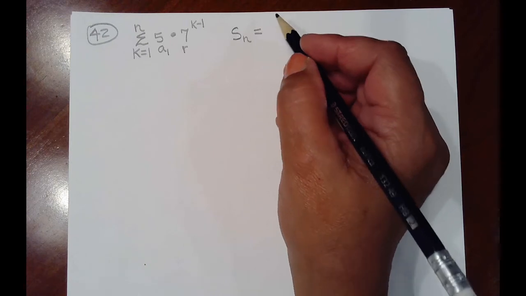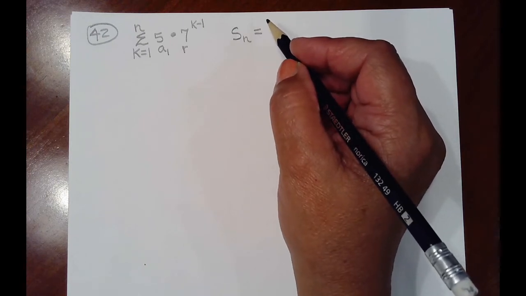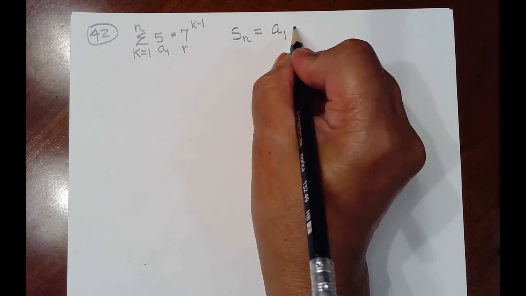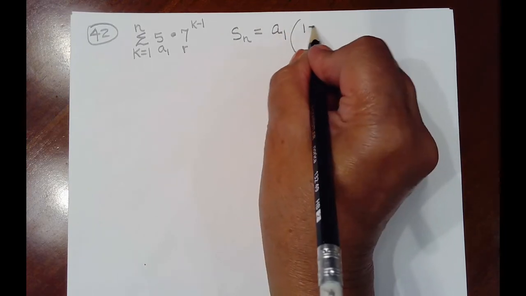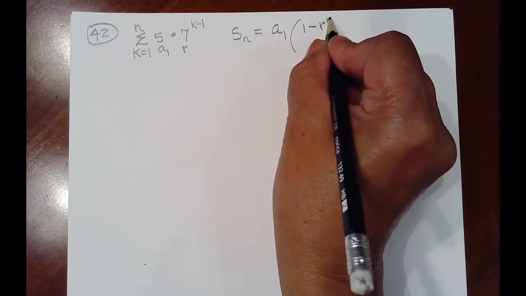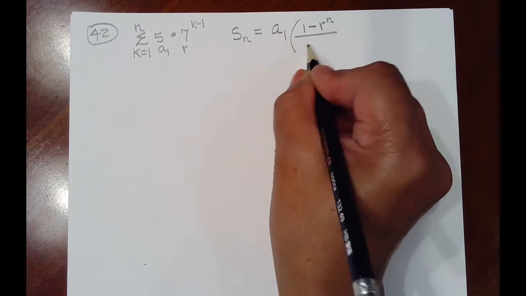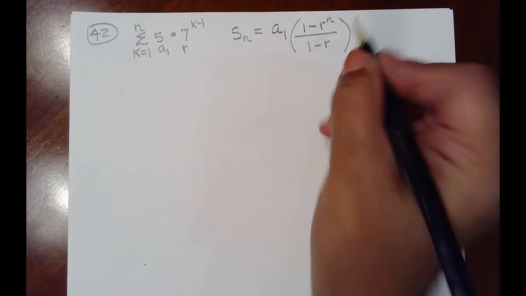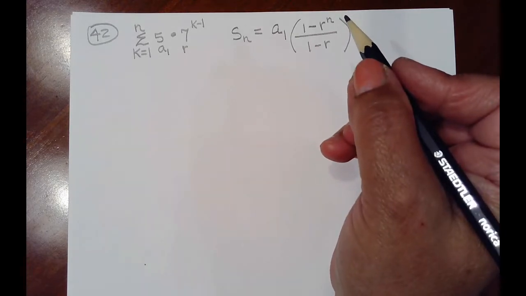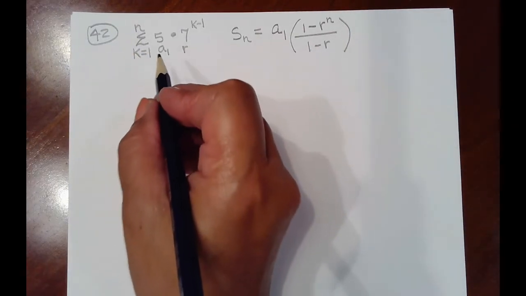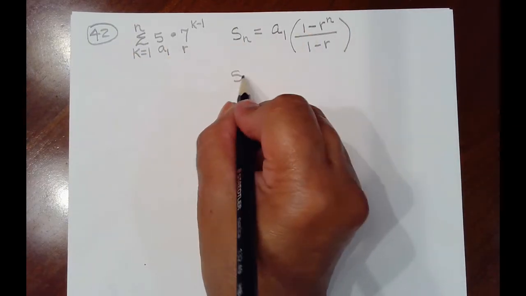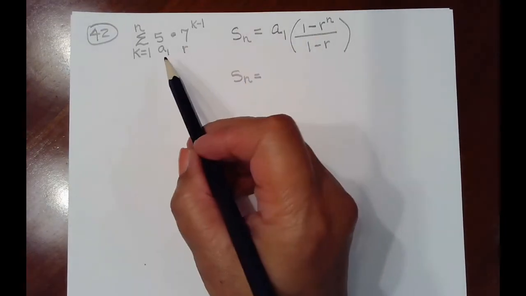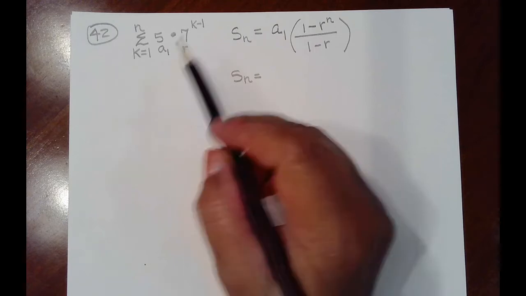And the formula for that, as I pointed out in number 41, was a sub 1 times 1 minus r to a power of n in your numerator and just 1 minus r in the denominator. Okay, grabbing whatever you do have from this notation here, you can make this more specific to the details in this geometric sum formula.